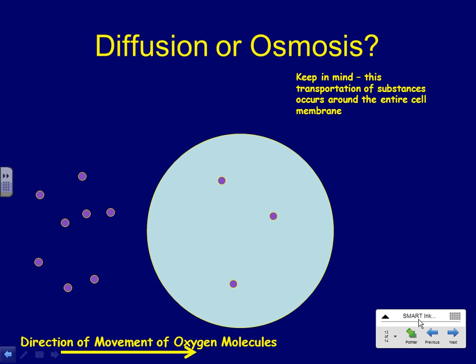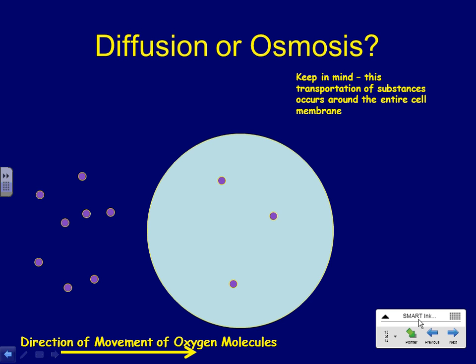Let's take a look at this one. Here we've got a cell, and these are representing oxygen molecules. I've got lots of oxygen on the outside of the cell. My arrow is indicating that these oxygen molecules are moving inside the cell. What kind of transportation are we talking about here, Shane?